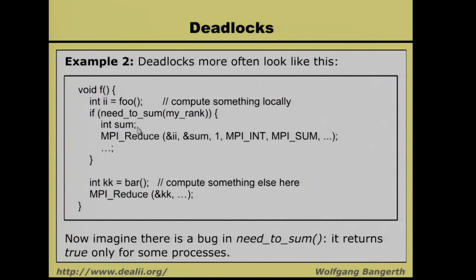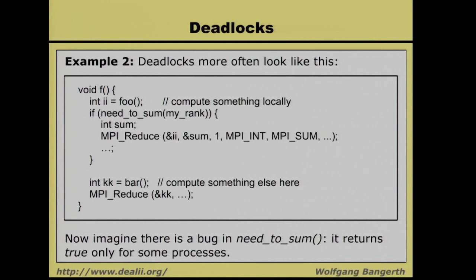If so, I allocate an integer called sum, and I'm going to call MPI reduce. That is going to take the integer here and put it into sum. There's only one integer, data type MPI int. The operation is MPI sum. When we're done with this, we're going to compute something else, and then we add up all of the k's.